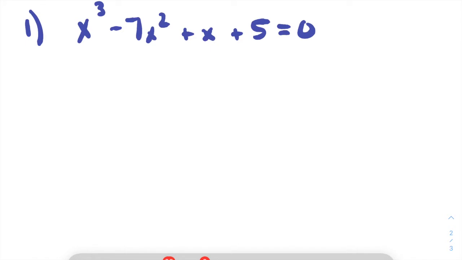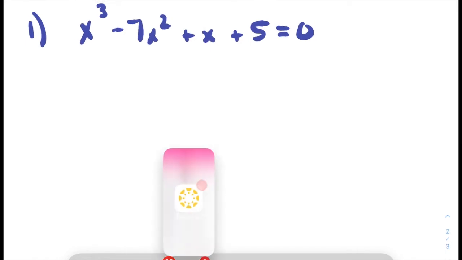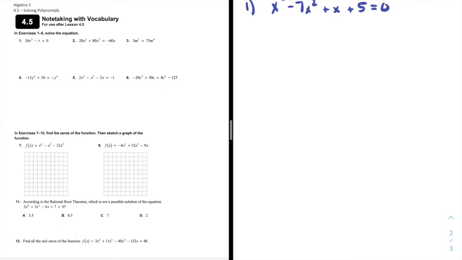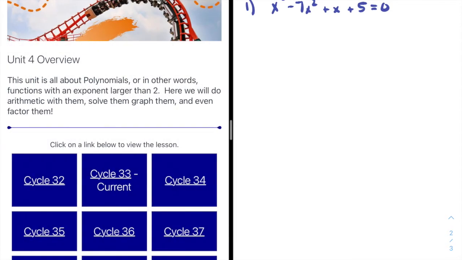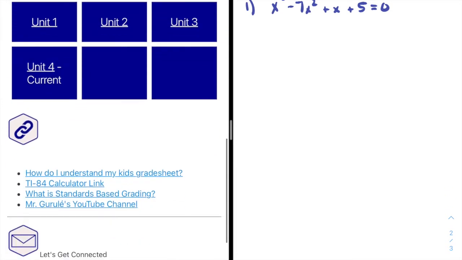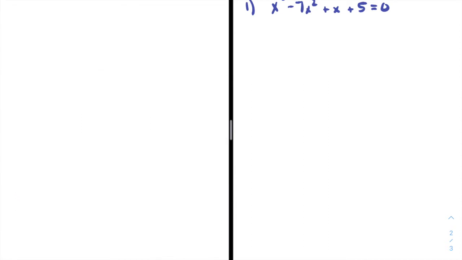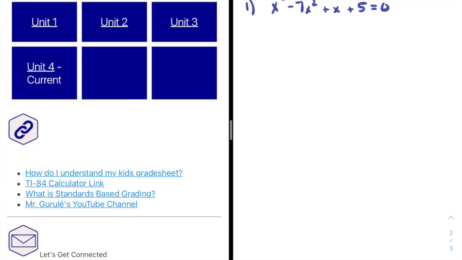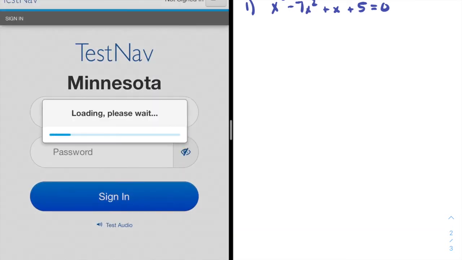Now I'm going to go ahead and pull up the graphing calculator that I have online here. And so let me get back to the home page, go to my calculator. Not what I wanted. Calculator, there we go.